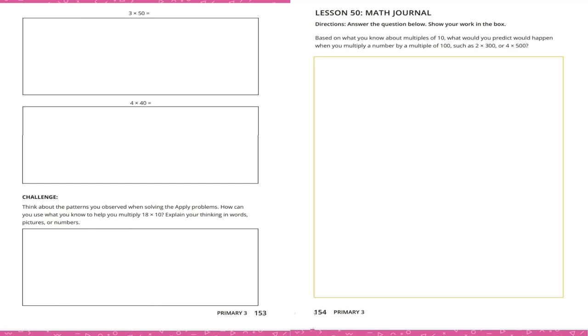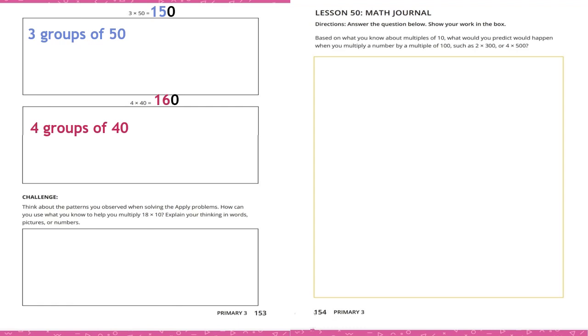It also means 3 groups of 50. Here, 4 times 40 means 4 groups of 40. I can take 0 out in ones, and 4 times 4 is 16. So the total is 160. Here in the challenge part, he wants you to solve 18 times 10.